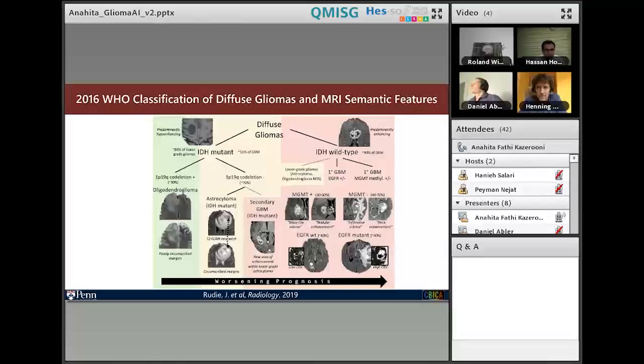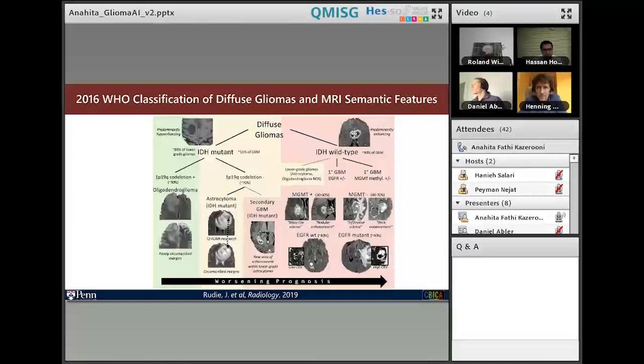It could also be suggestive of secondary GBM, which is IDH mutant, where you can see a new area of enhancement on the T1 post-contrast image.